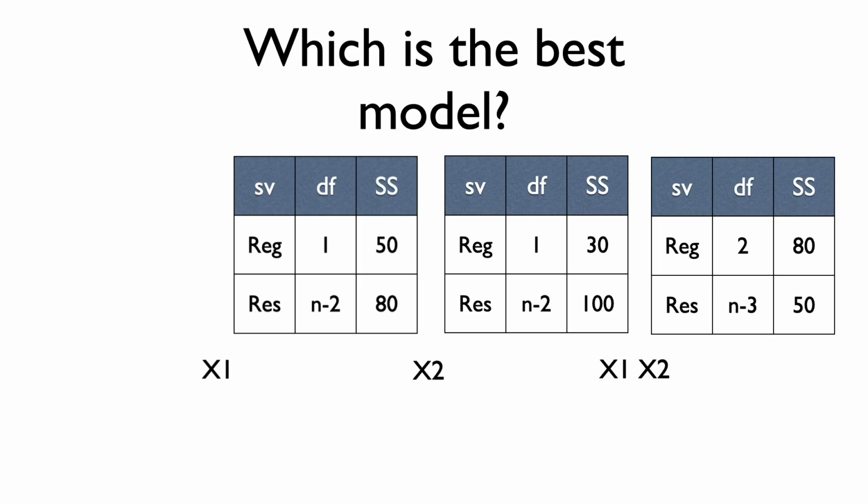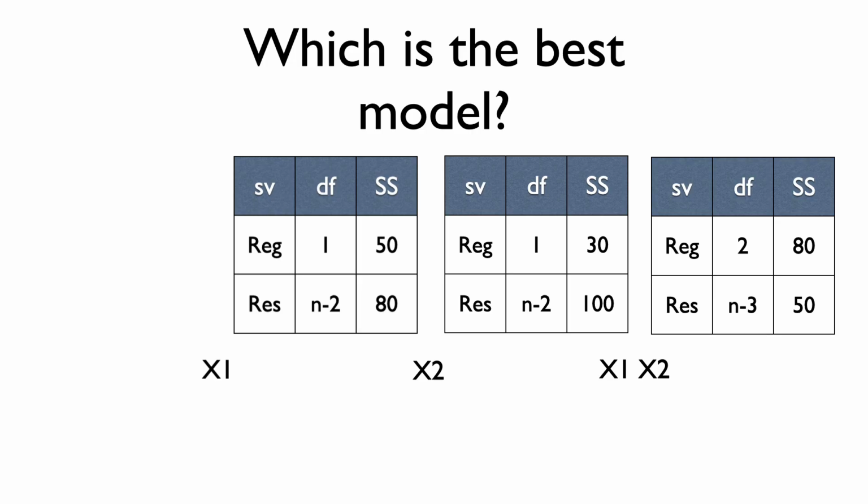This one here. So that's 30 out of 130, because that's the sum of squares total. What's 3/13? It's about 30 something. So this is x2. x1 on its own is nice, 50 out of 130, that's pretty good. 5/13, that's a little under half, right?